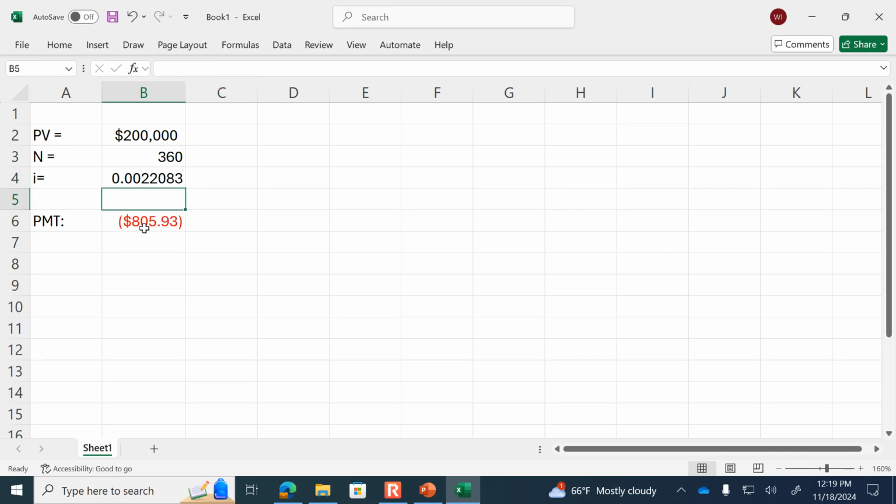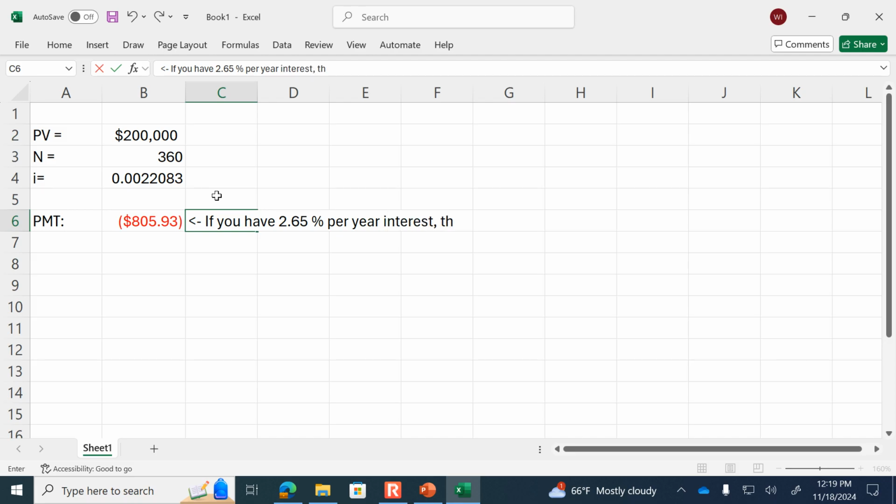All right, that's more like it. So the conclusion here is if you have 2.65% per year interest, the monthly payment is $806.